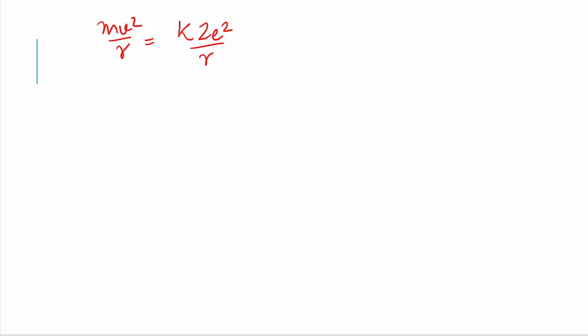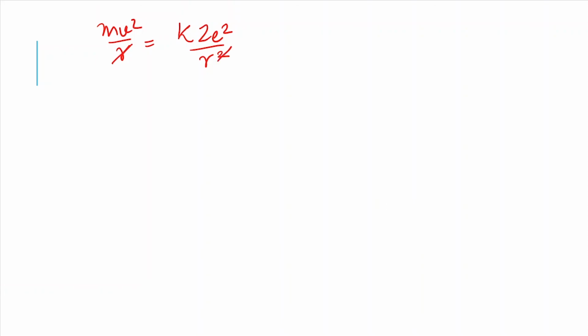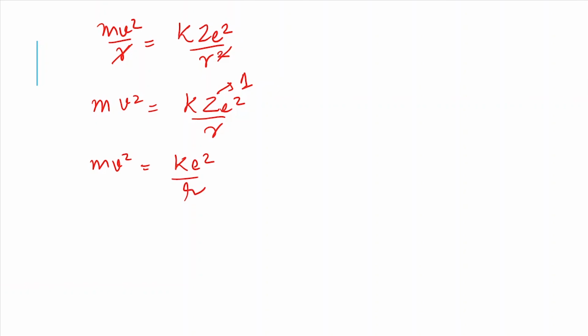Since the charge is orbiting in a circular orbit, we balance the centripetal force with the Coulomb force. So we have m v square equals k Z e square by r. Here Z is equal to 1, so m v square is equal to k e square by r. So we have to find r in terms of n.